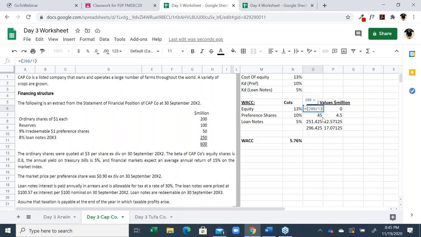So first of all, we have to calculate the total number of shares. So 200 divided by 1 will give us the total number of shares. And then we have to multiply these number of shares with the share price prevailing in the market, and that is $3. So we need to multiply it by 3 to get the total market value of the equity, 600. I hope, Colleague, it's clear now.